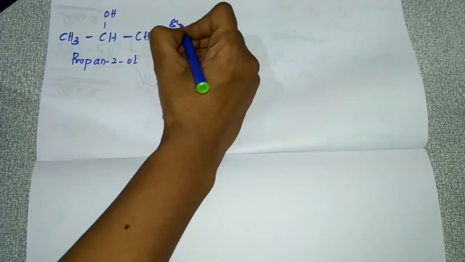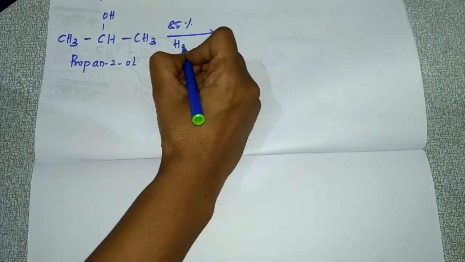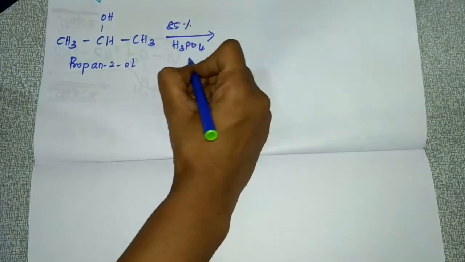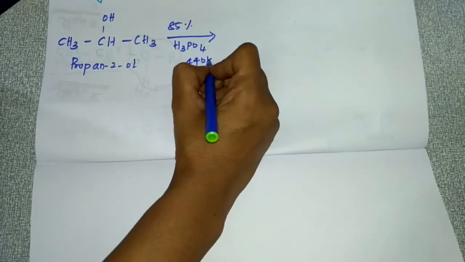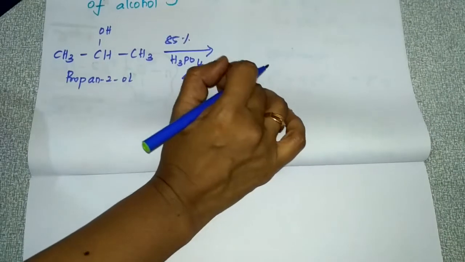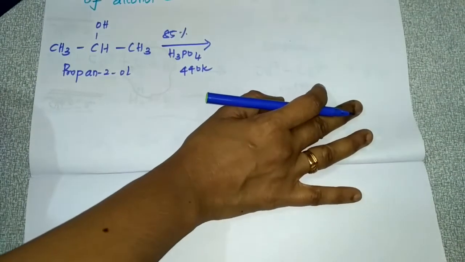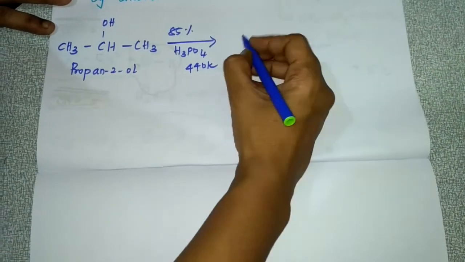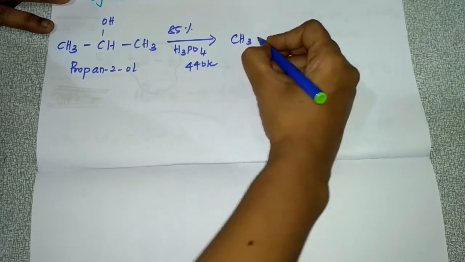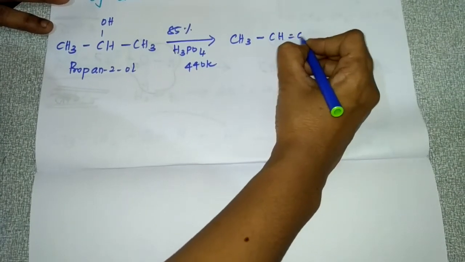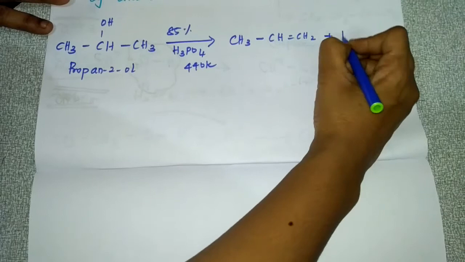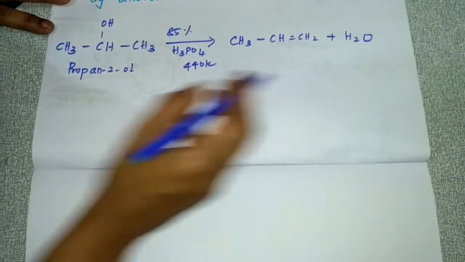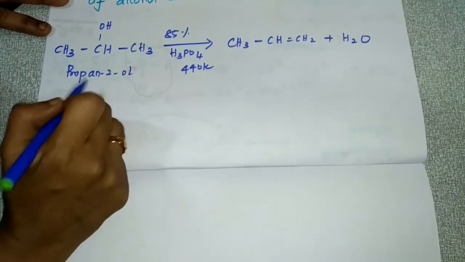So here you are using 85% phosphoric acid, and the temperature will be 440 Kelvin. Okay, so here also what happens? Water will get removed, and the product formed will be alkene. So CH3, CH double bond CH2 plus H2O.